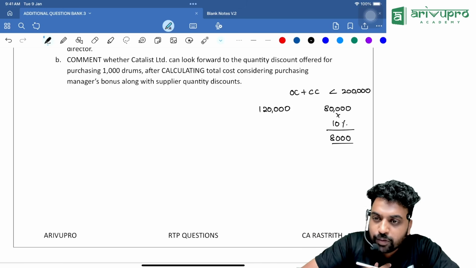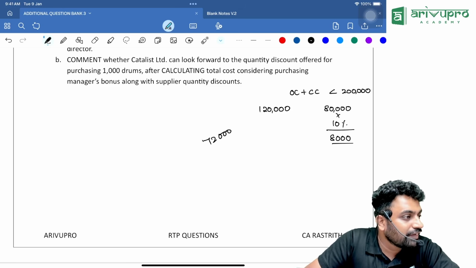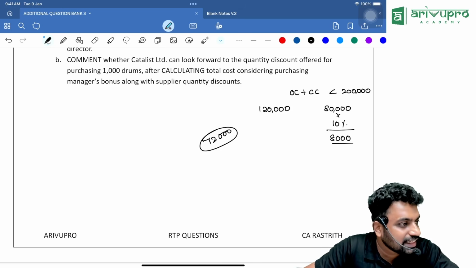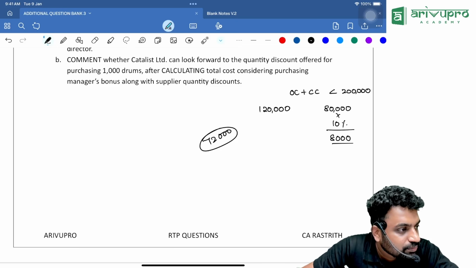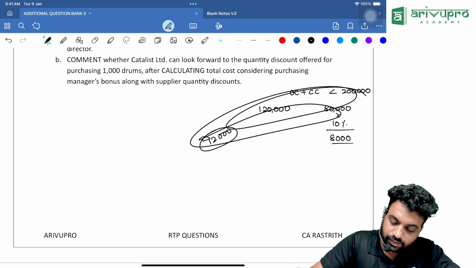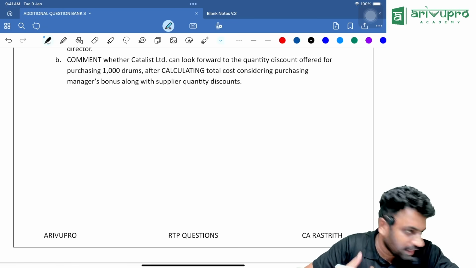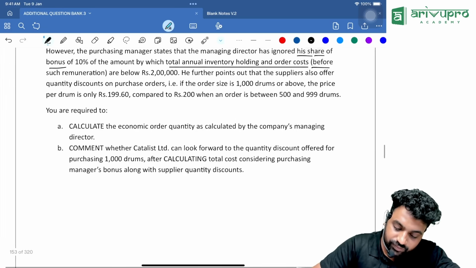But from the company point of view, net we were able to save just 72,000 because 8,000 we have to give as bonus, no? Yes. So for decision making, this cost is important or no? For computing inventory carrying cost, it is not important. I agree. But for decision making, it is.